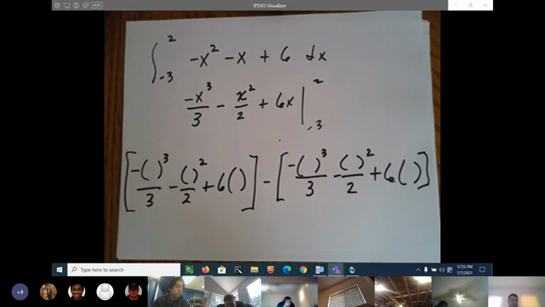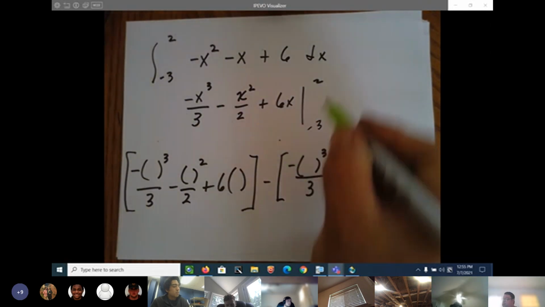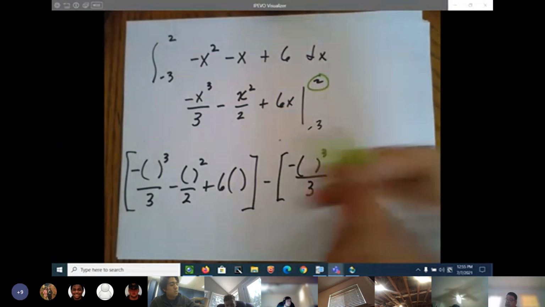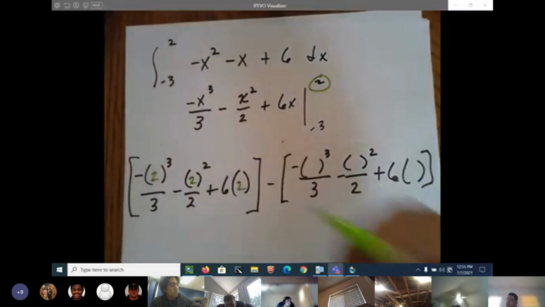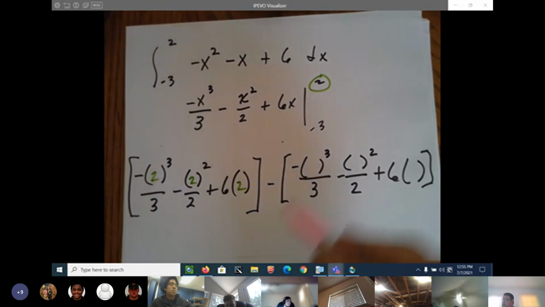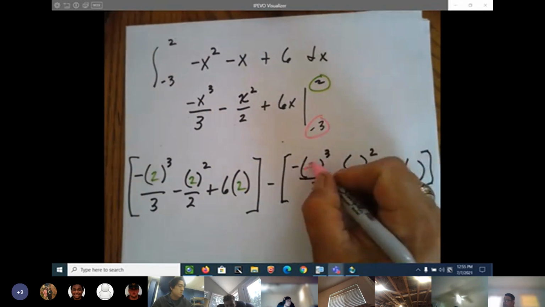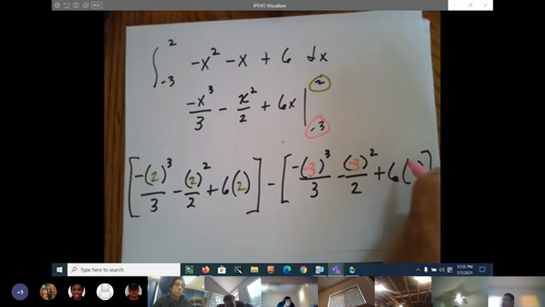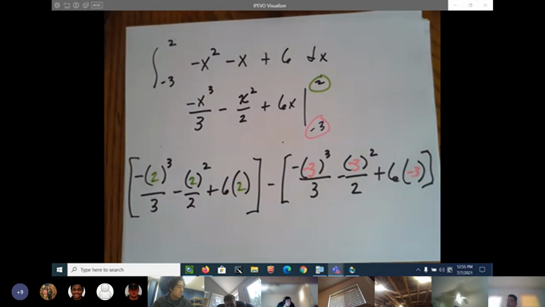And since this is my big number, it goes here, here, and here. And since this is my smaller number, negative 3, negative 3, negative 3.